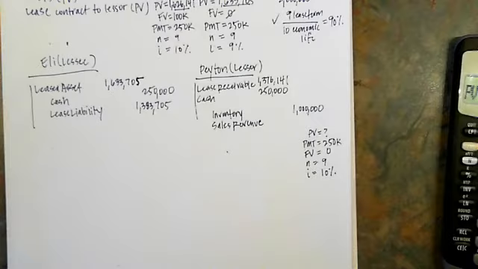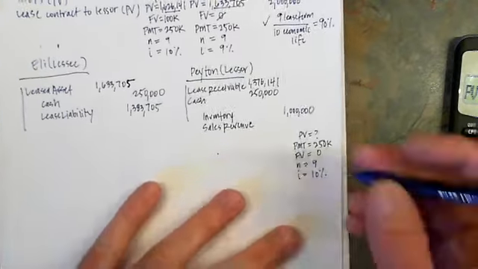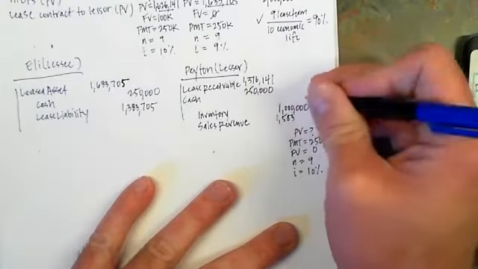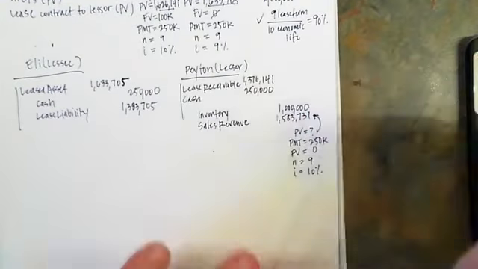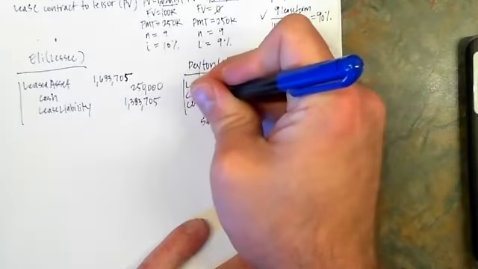Which gives me a present value of, check to make sure that that's correct, $1,583,731.